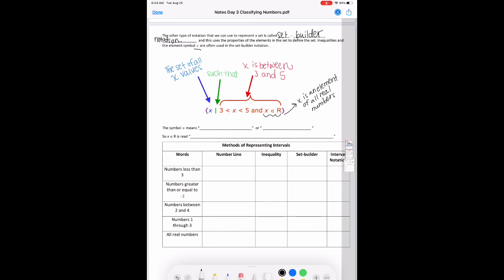It's implied that these numbers are real. We usually only specify if it has to be a whole number or an integer or something like that. But if you ever see this in the future, especially if you go more into calculus or further up in math, you will see that again. So again, that symbol means is an element of, and that's just a fancy way of saying belongs to. So x belongs to the real numbers.